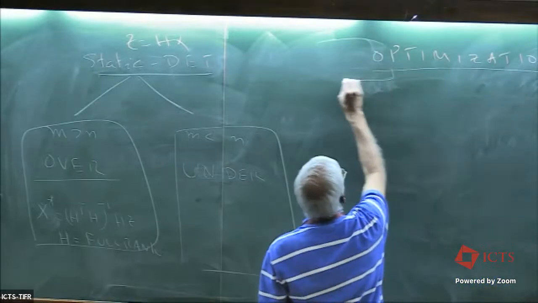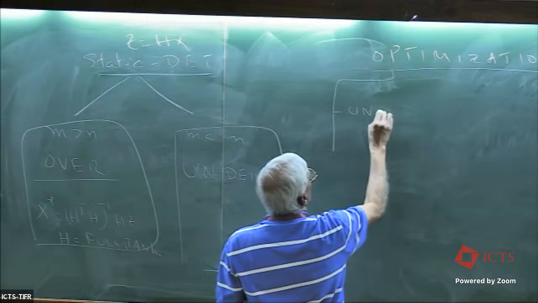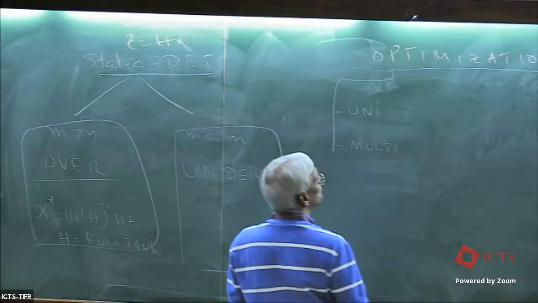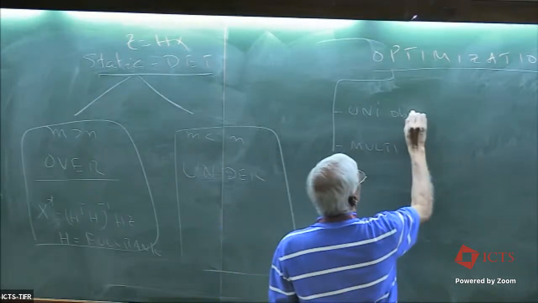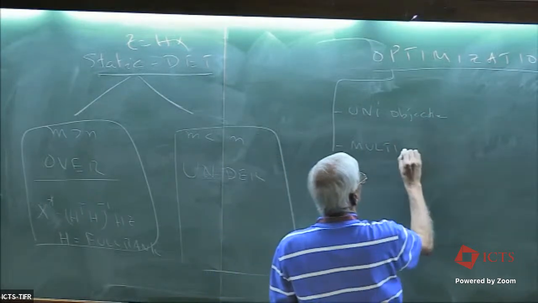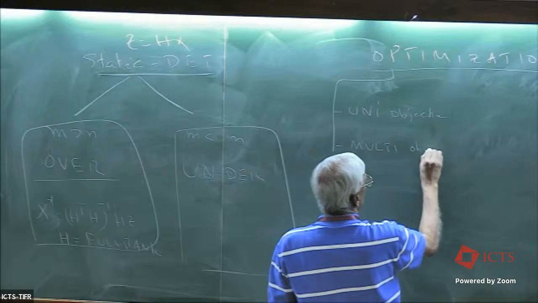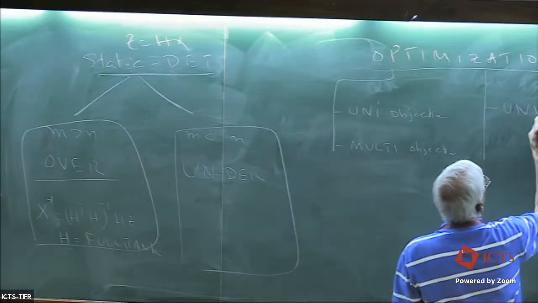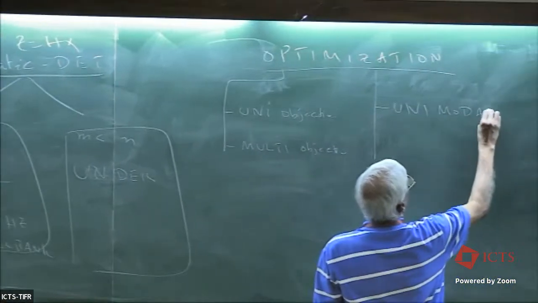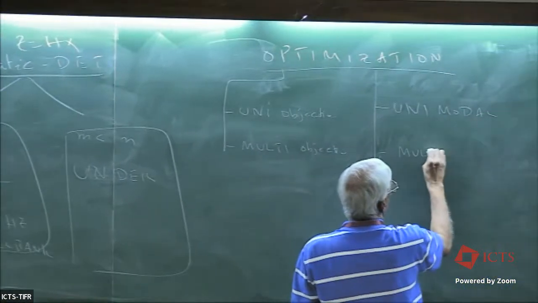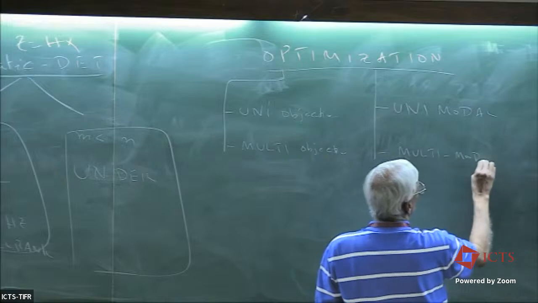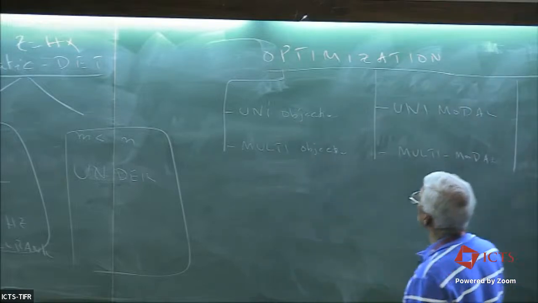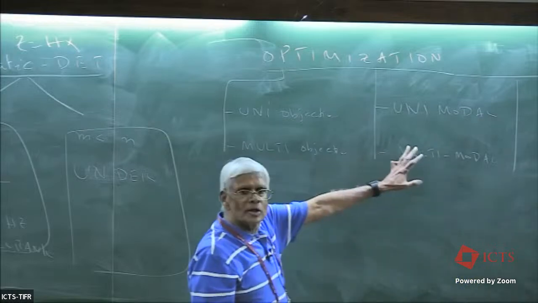The optimization problem is uni-objective versus multi-objective. Unimodal, multimodal. So what is unimodal?